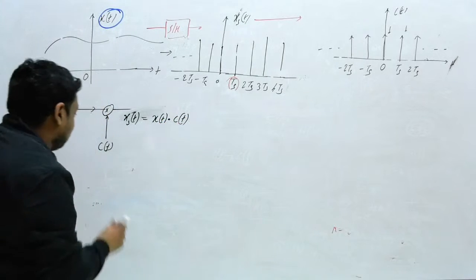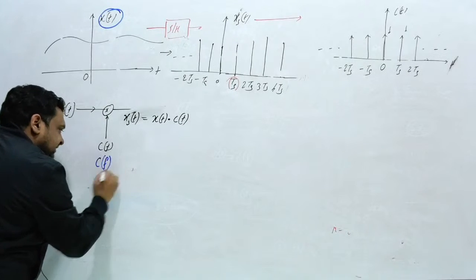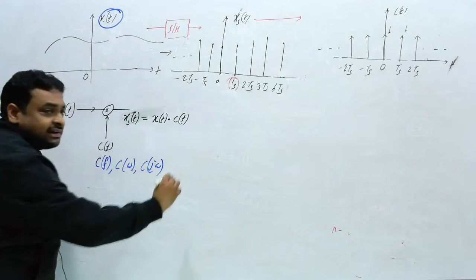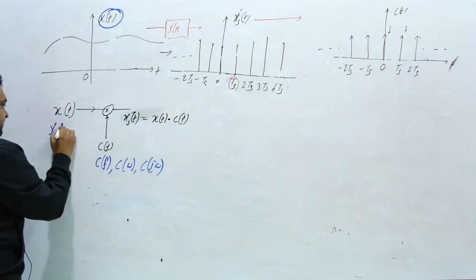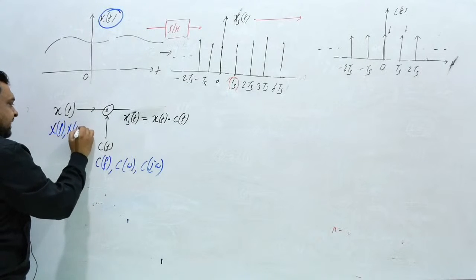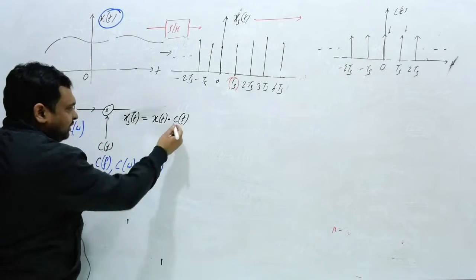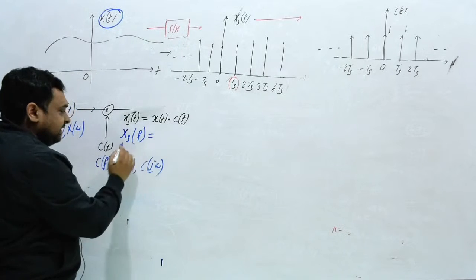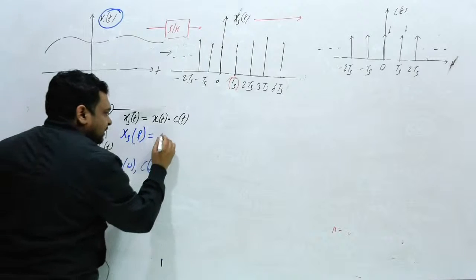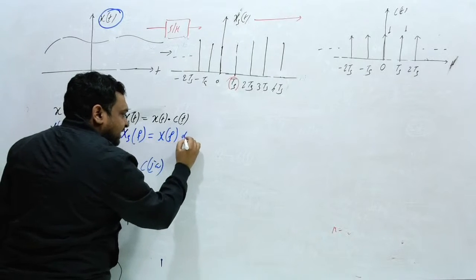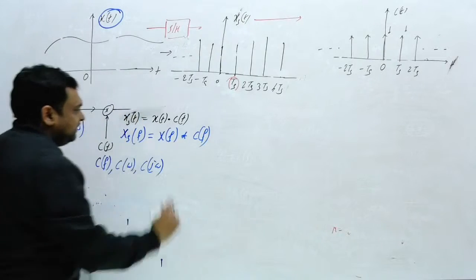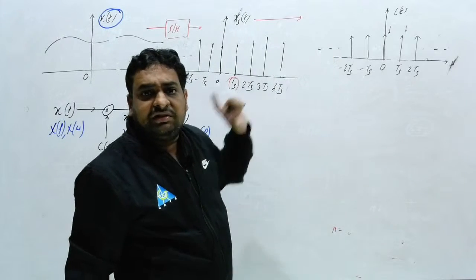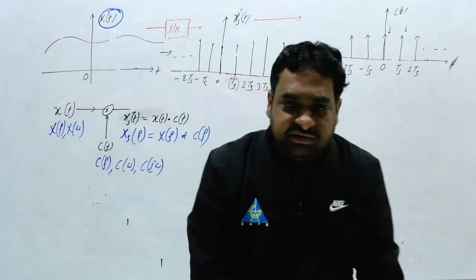In Fourier transform you can write C(f) or C(omega), and X(f), or X(omega), or X(j omega). What will be this output? In terms of frequency, Xs(f) will be X(f) convolved with C(f). So first you have to find the Fourier transform of this c(t).